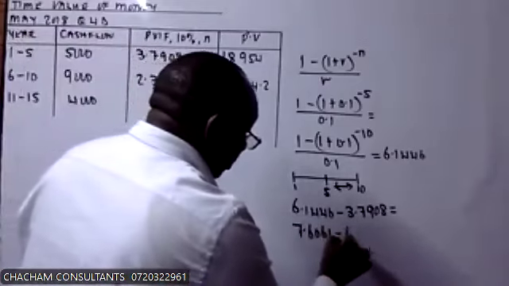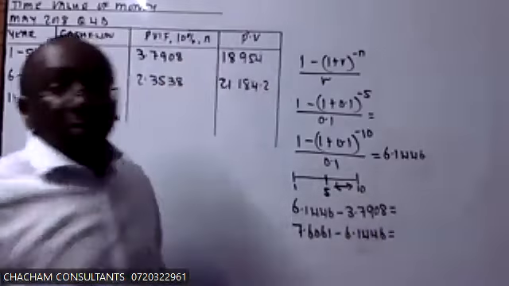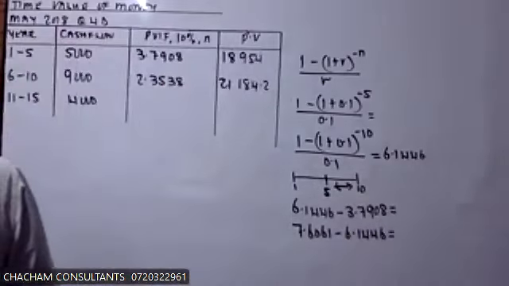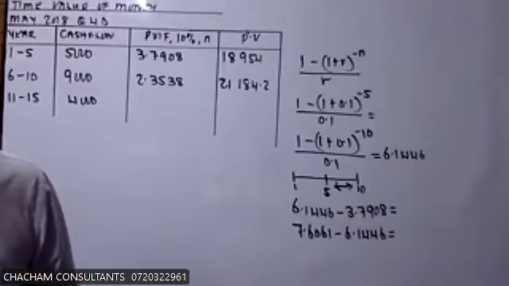So you subtract 6.1446, the one for 10 years that we have already done.